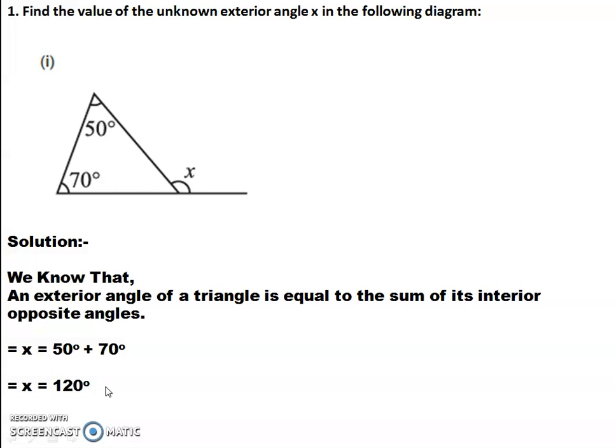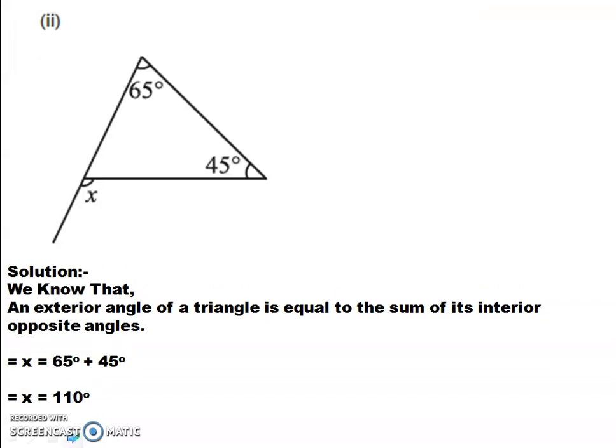So students, remember that if the exterior angle is missing, you will add the interior opposite angles. Once again, if the exterior angle is missing, you will add the interior opposite angles.